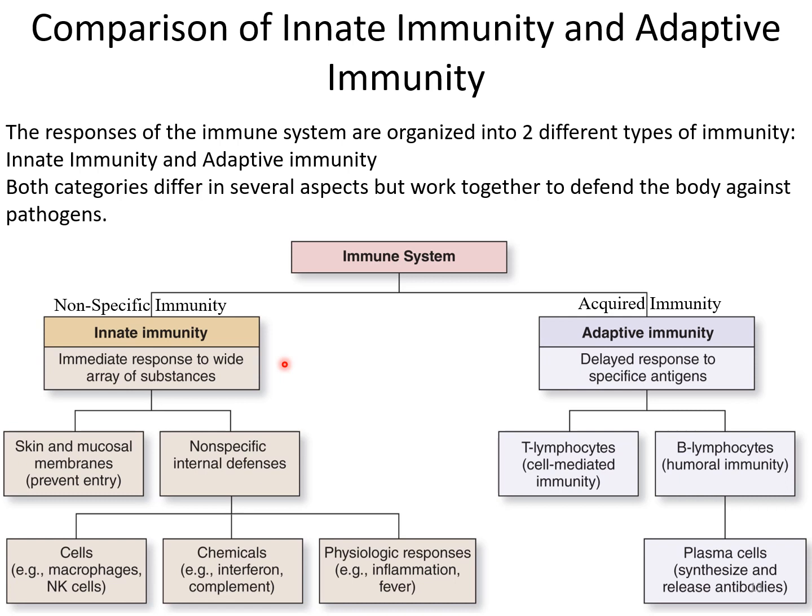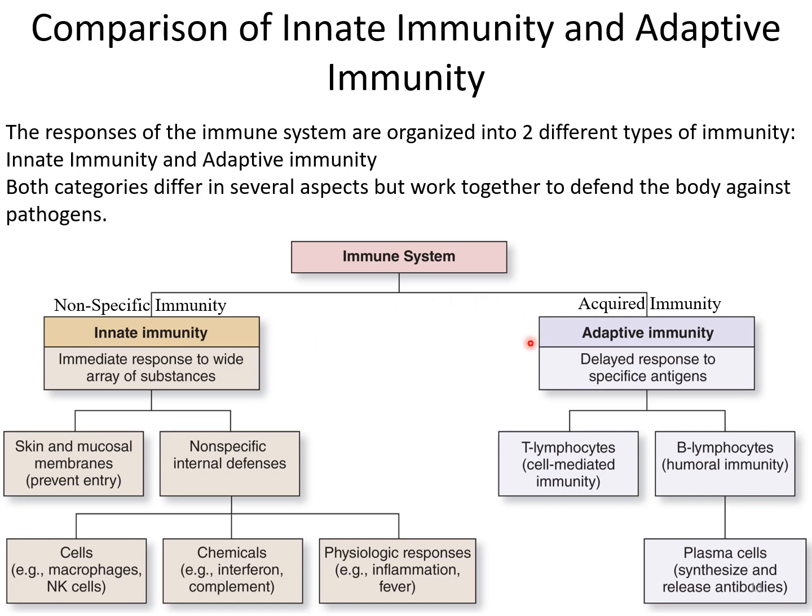It also is non-specific, so it's not going to say, oh, I've seen this particular type of bacteria, here's a response to it. It's just kind of this collection of generalized substances and processes to defend the body, but again, not specific for different bacteria and viruses. It's also something that's there from the time you're born, so it doesn't need any further development.